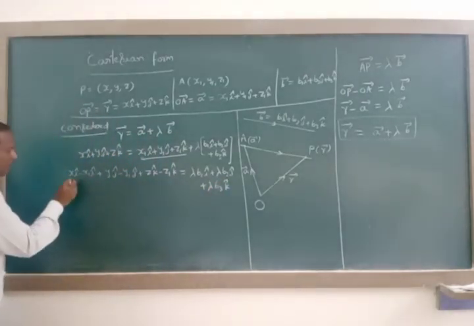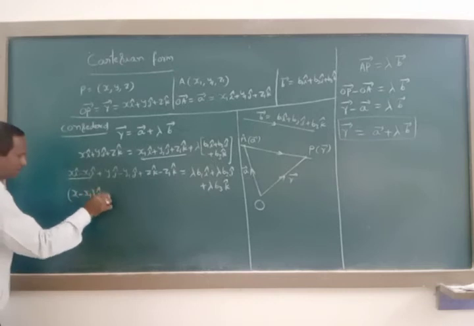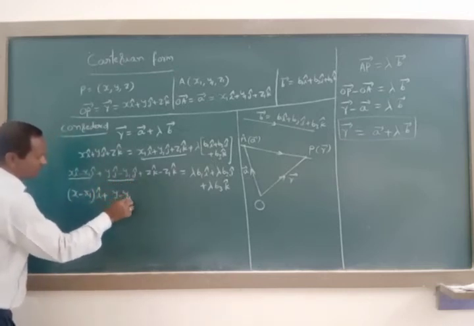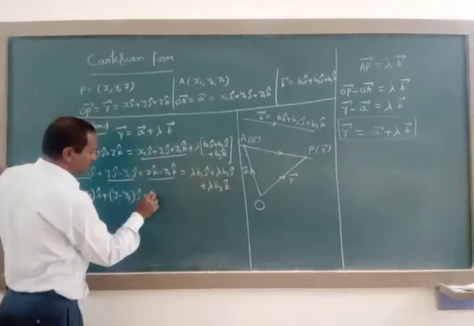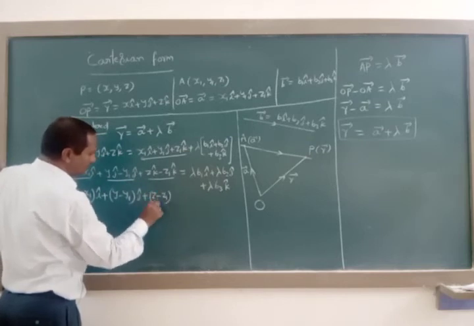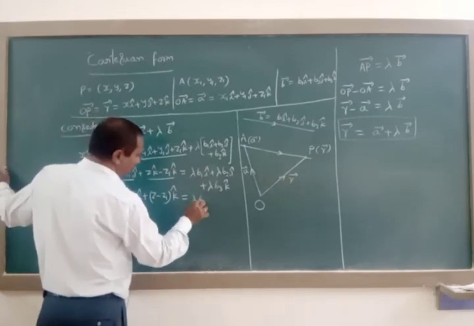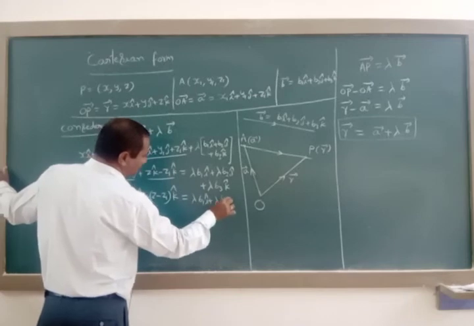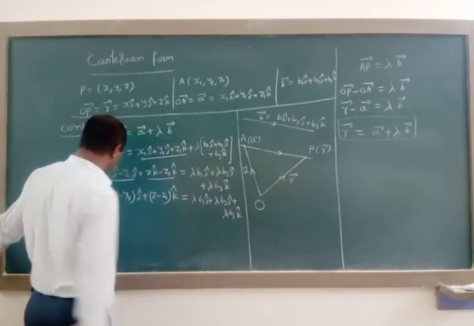Take i cap common from these two, then you will get x minus x1 of i cap. Take j cap common from these two, that is y minus y1 of j cap. Take k cap common here, that is z minus z1 of k cap, is equal to lambda b1 i cap plus lambda b2 j cap plus lambda b3 k cap.